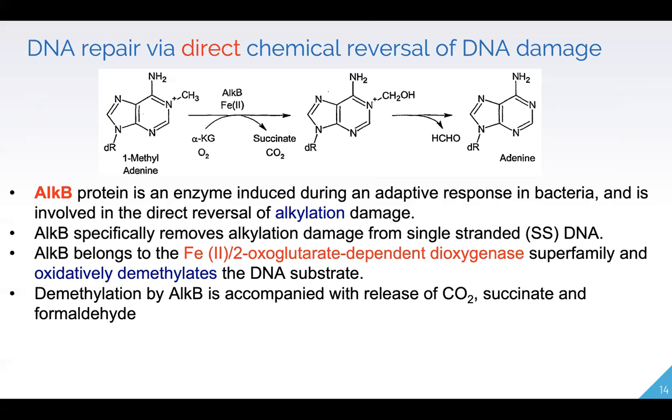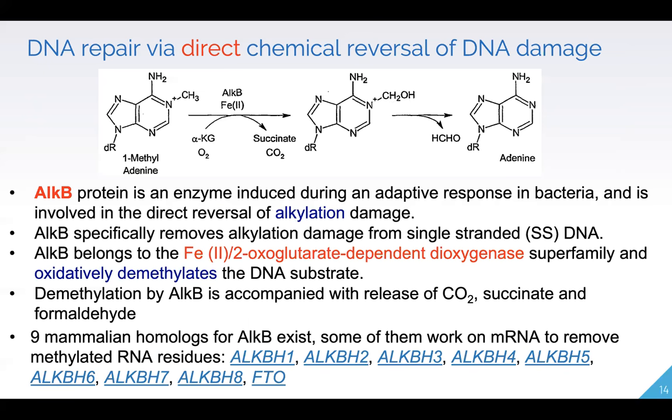In mammals, it turned out there are actually 9 different homologs of ALK-B, and you can imagine why there are such a high number of different homologs. They're not all identical. They're similar in their ability to utilize iron, alpha-ketoglutarate and oxygen to restore these lesions through direct chemical reversal, but their substrates are different.